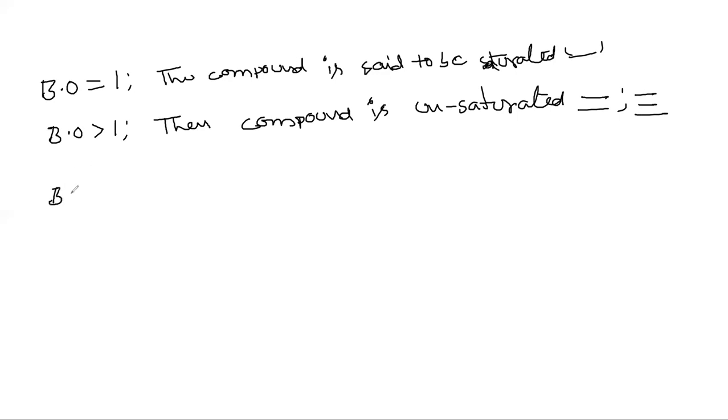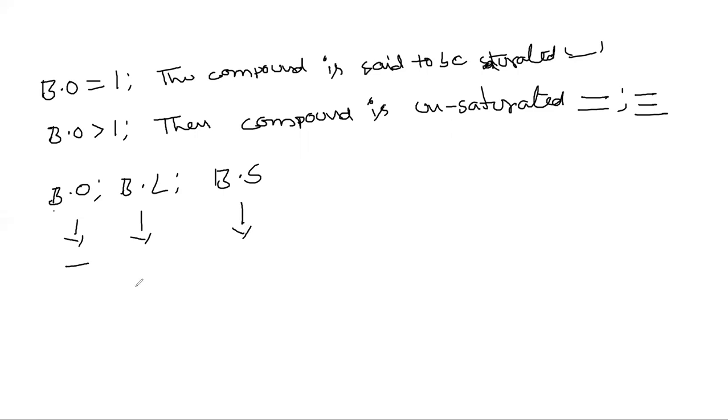Now we'll discuss a small relation between bond order, bond length, and bond strength. So we know what bond order is. The bond order is the number of bonds between two atoms in a molecule, and bond length is the distance between two nuclei of a molecule, and bond strength is the minimum amount of energy required to break the bond.